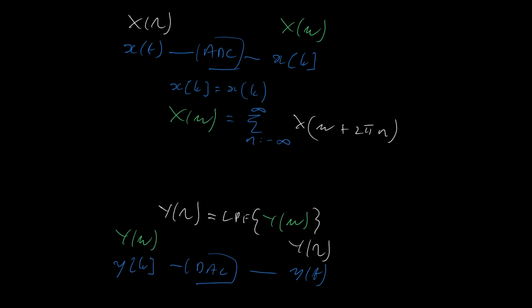From the Fourier transform to the discrete-time Fourier transform, what happens when we sample is given by these two equations here in the time domain and frequency domain. And then when we finish processing our signal, we want to go from our discrete time signal back to a continuous time signal, which we do by reconstructing it. That's given in the time domain by sinc interpolation, but in the frequency domain it's just given by this simple formula here.